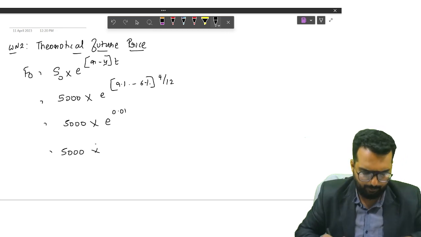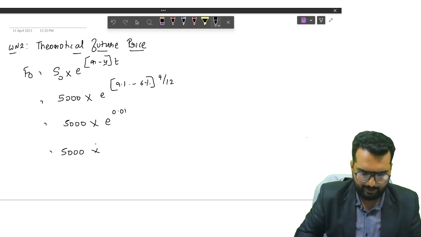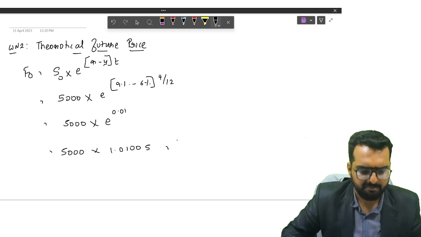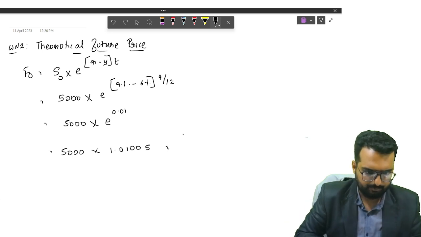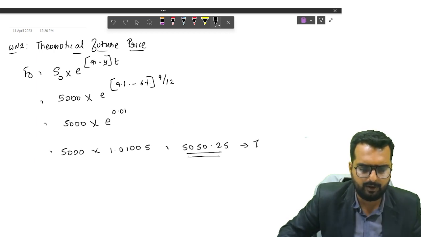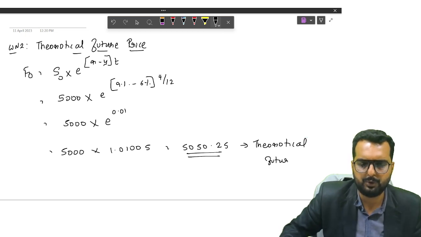So the factor 0.01 will be 1 plus 0.01 plus 0.01 square divided by 2. So you get the number as 1.01005. You get the answer as 5050.25. This will be your theoretical future price.